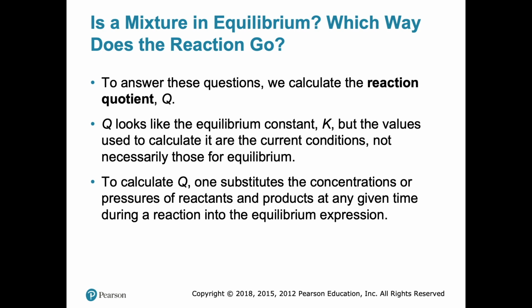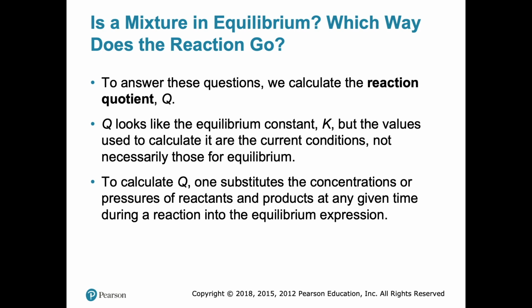To answer these questions, we look at this thing called Q, the reaction quotient. Q actually looks a lot like K, the equilibrium constant, but you use Q to figure out concentrations at current conditions, not necessarily at equilibrium, but at different points of the reaction.